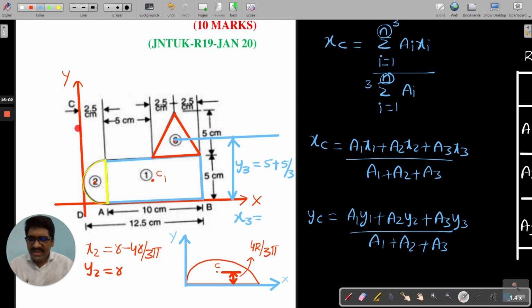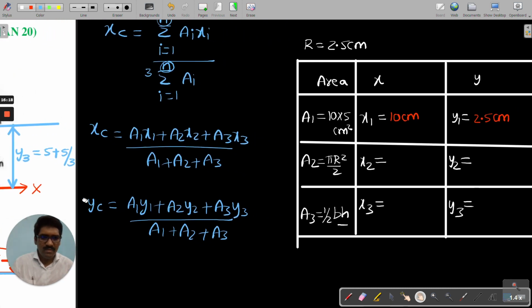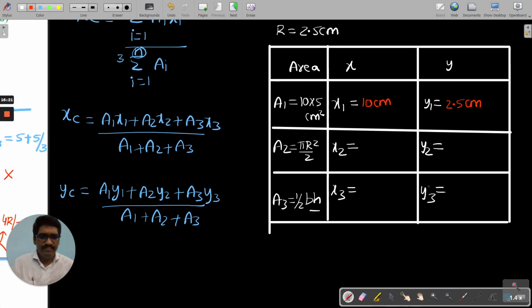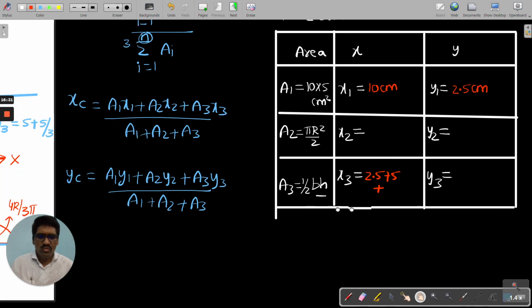So this is my reference axis, this is the position of the centroid: 2.5 plus 5 plus 2.5. Therefore I am writing x3 as 2.5 plus 5 plus 2.5.